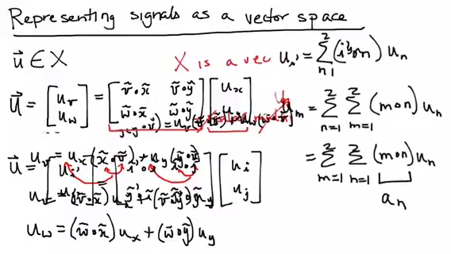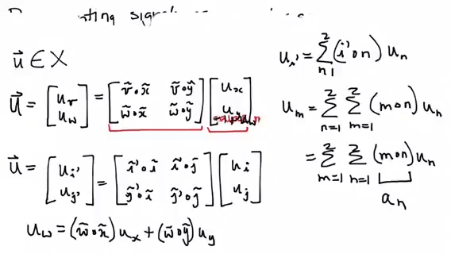Then we can say that u sub m is equal to the summation over n equals 1 of a sub m n times u sub n. Hard stuff. But now we're done. Let's erase some of this so that we can be able to get there.